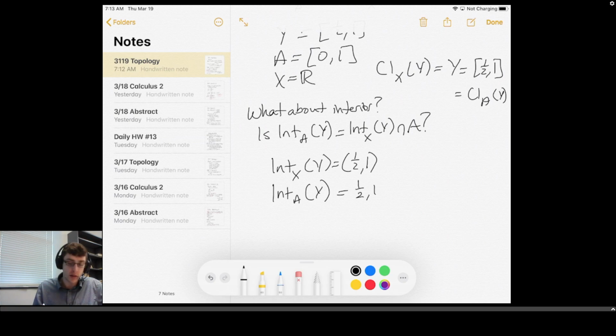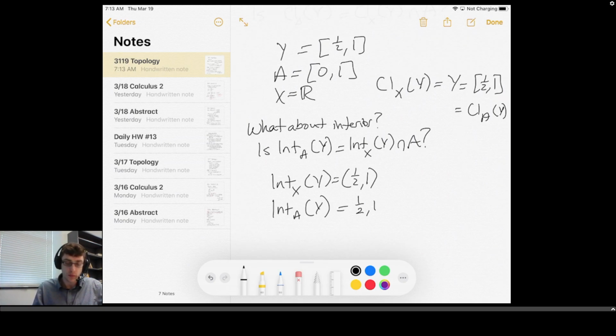It's actually not the same thing. Well, I mean, it's 1/2 1. It's just that one of these endpoints is actually included.